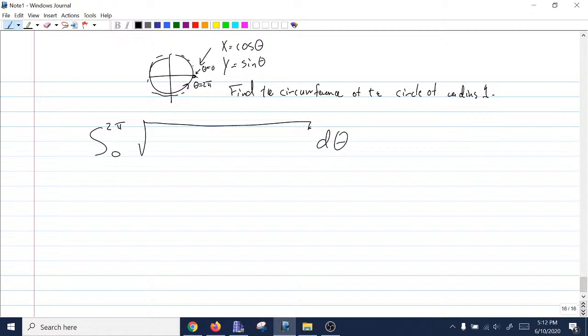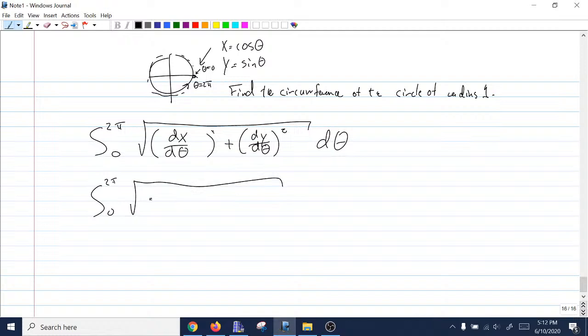What's the thing I want to integrate? I want to integrate the square root of (dx/d theta) squared plus (dy/d theta) squared. I got these formulas. What's dx/d theta? Derivative of cosine is negative sine theta, squared. What's the derivative of y? y is sine.